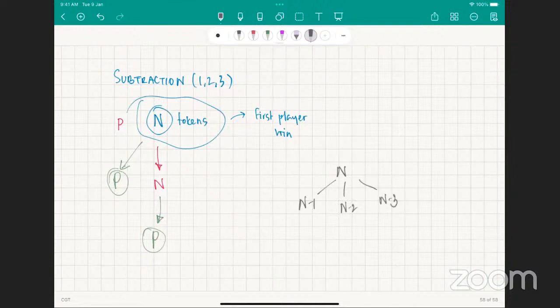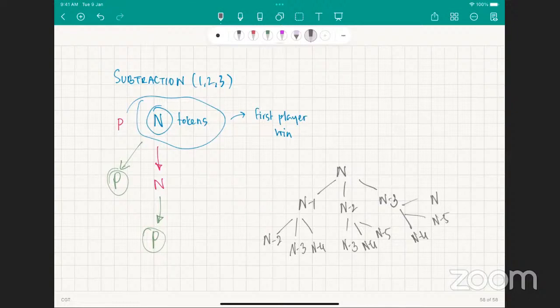And from here, if you go on to look at the grandchildren, for instance, we have n minus 1, n minus 2, n minus 3, n minus 4, n minus 3, n minus 4, n minus 5, n minus 4, n minus 5, and then n minus 6. These are the grandchildren.